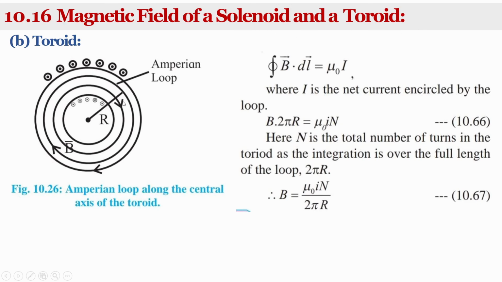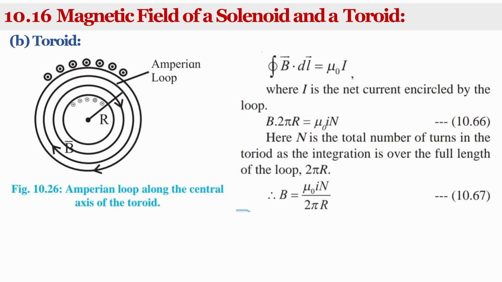A toroid is a solenoid of finite length bent into a hollow circular tube-like structure, similar to a pressurized rubber tube inside a tire of a vehicle. So a solenoid can be bent into a circular loop, and that is the toroid.